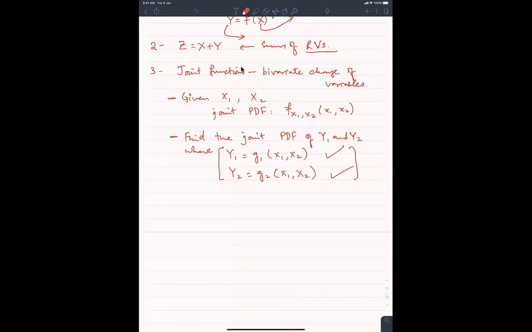So now you are given X1, X2, and you are to find the PDF of Y1 and Y2. You can possibly find this, and we can prove this.